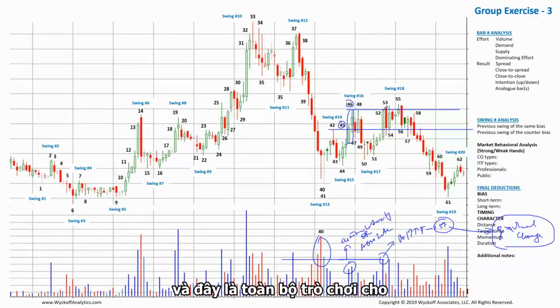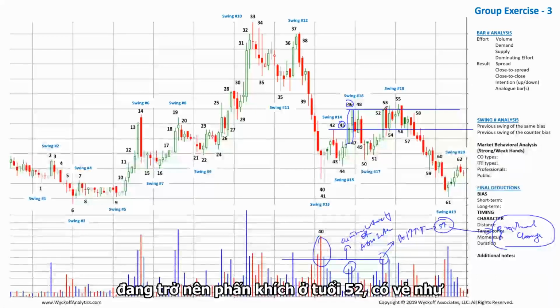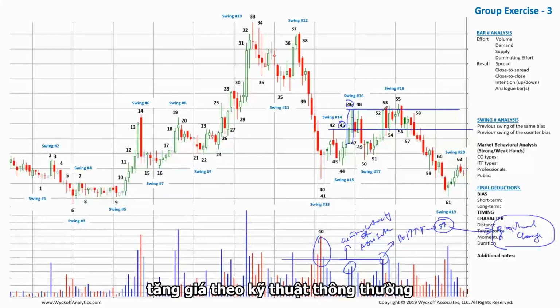And this is the whole game for institutions. Amateurs are getting excited. Weak hands are getting excited at 52. It looks bullish. By the conventional technical analysis, look at the volume signature.